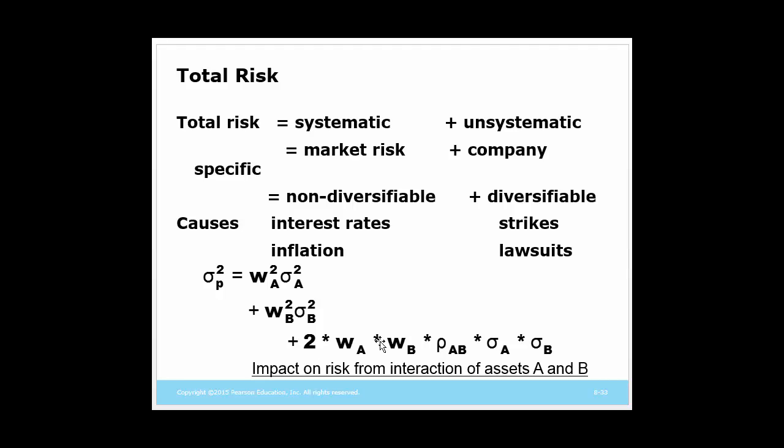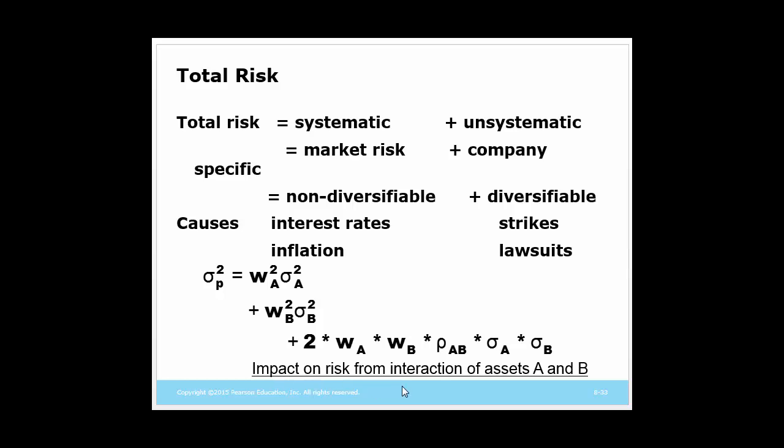So if you look at the formula for risk, for variance, this is the variance of a portfolio. This is a two-asset portfolio. The risk that you undertake, asset A brings some risk, and if you remember, the W's are weights. Asset B brings some risk. Again, the variance here is the risk element.